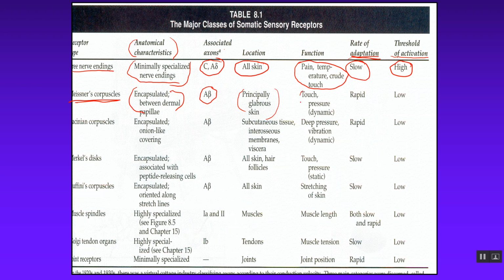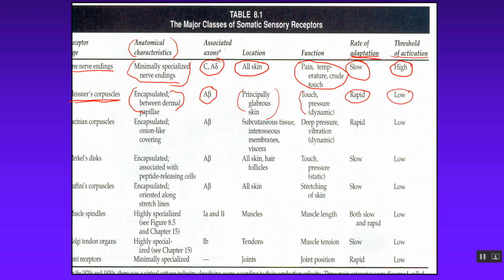It responds to touch and pressure. It's very dynamic. As you push it on and off, it can really sense changes in pressure and touch. And it's rapidly adapting, right? That's why it's good at sensing changes in pressure. It turns on and off very quickly in response to changes in touch. And the threshold for activation is low.